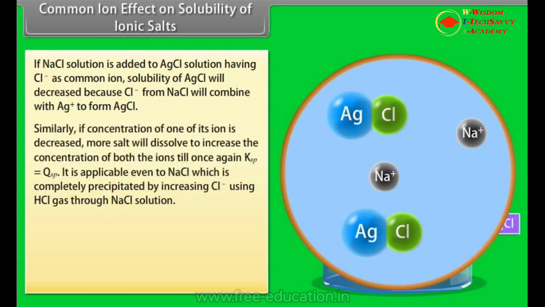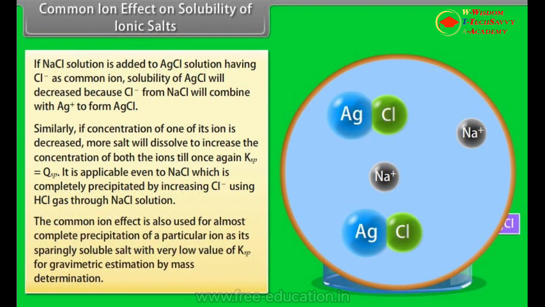Similarly, if concentration of one of its ions is decreased, more salt will dissolve to increase the concentration of both the ions till once again Ksp equals Qsp. It is applicable even to NaCl, which is completely precipitated by increasing Cl- using HCl gas through NaCl solution.